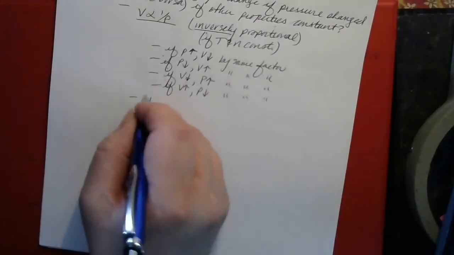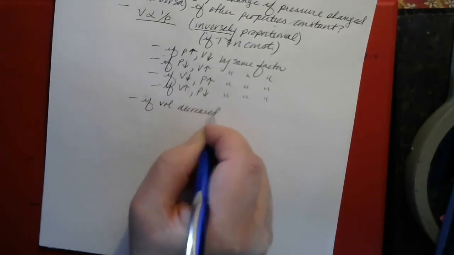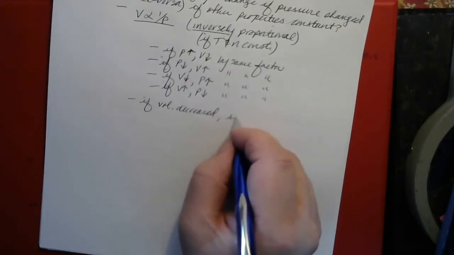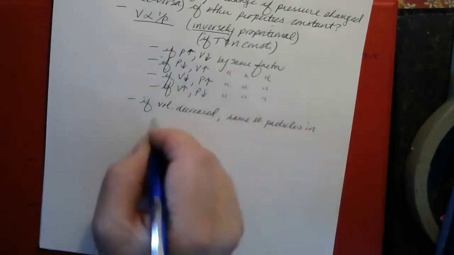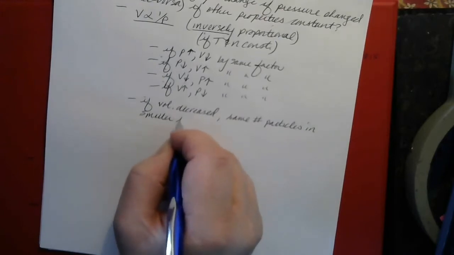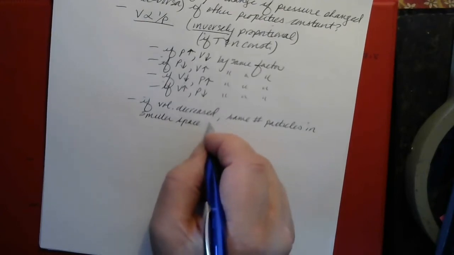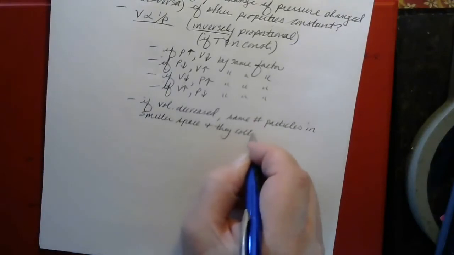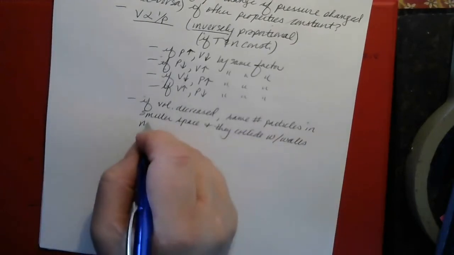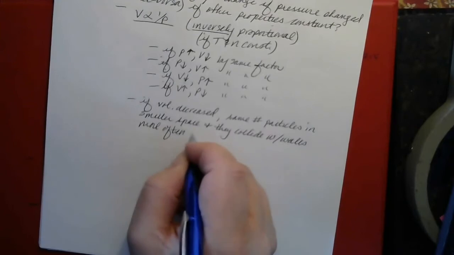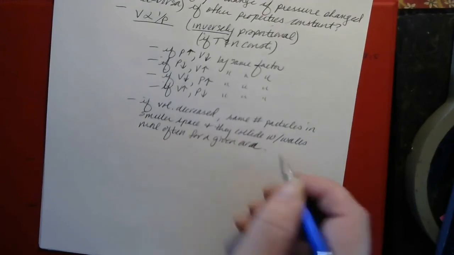So in detail, if you decrease the volume, then you have the same number of particles in a smaller space, and they'll collide with the walls more often. So remember, it's force per unit of area.